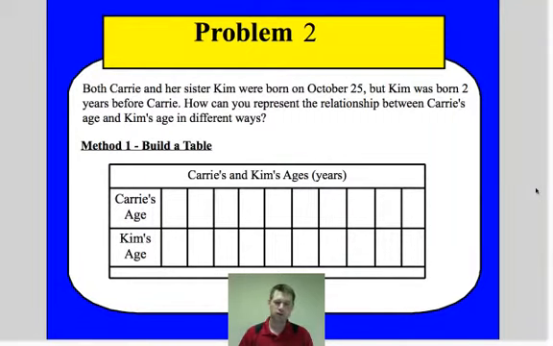Okay, so to build a table, we're just going to write the ages across. So say Carrie is 1 year old. So that means Kim is what? Well, Kim is 2 years earlier, so she would have to be 3 by now. Okay, if Carrie is 2, that means Kim is going to be 4, 3, then 5. Okay, so we're just filling in a table and building a table to represent this data.